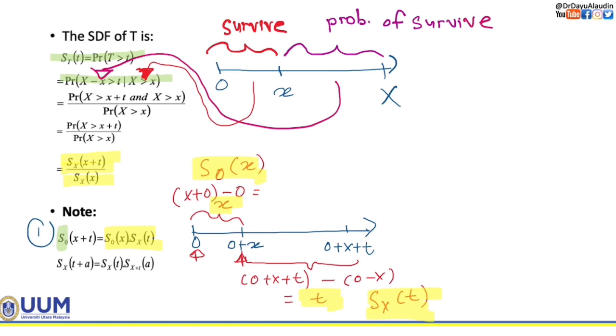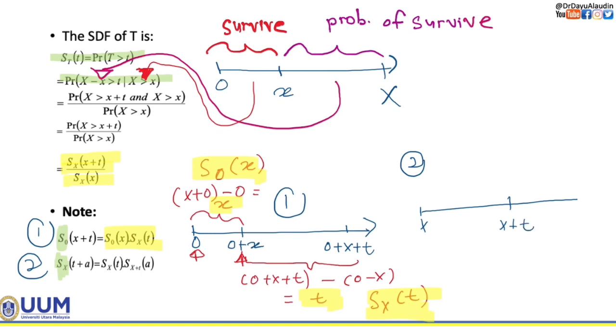Okay, the second one. If we draw the timeline, from x, the current age is x, to x plus t, the current age for the second one.